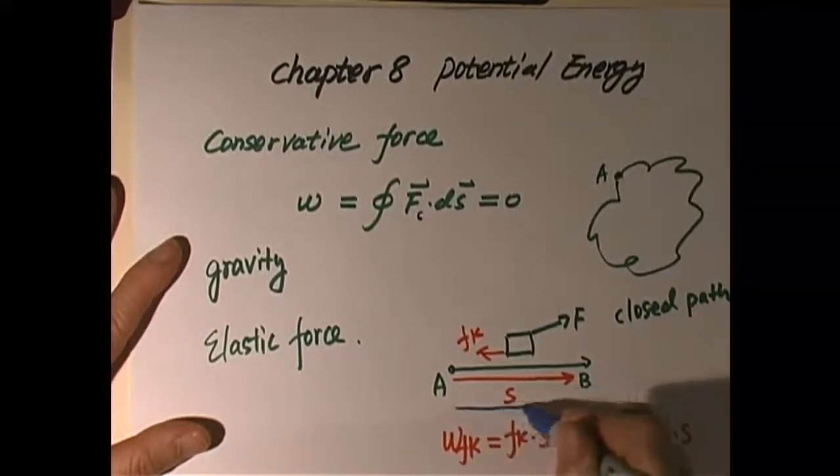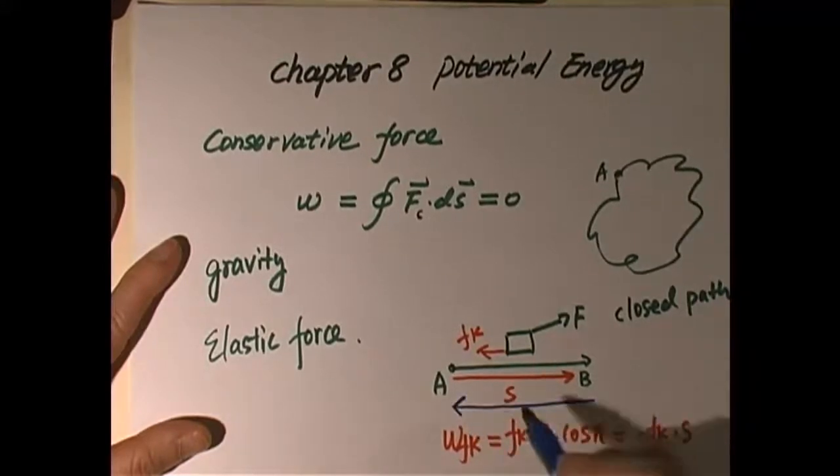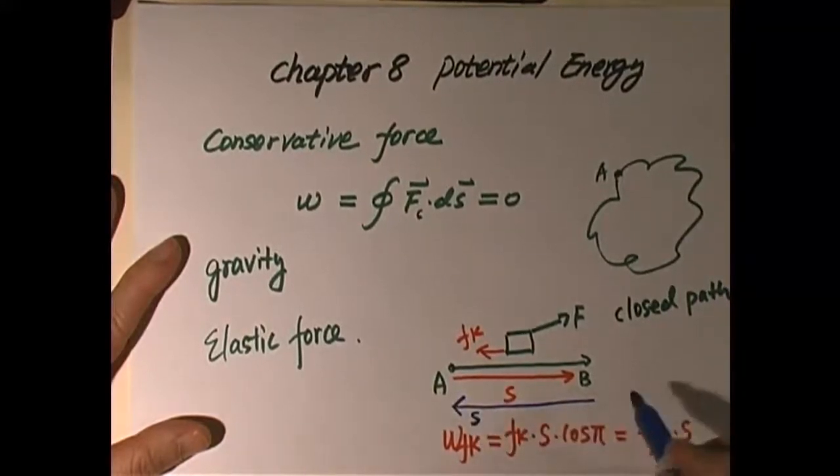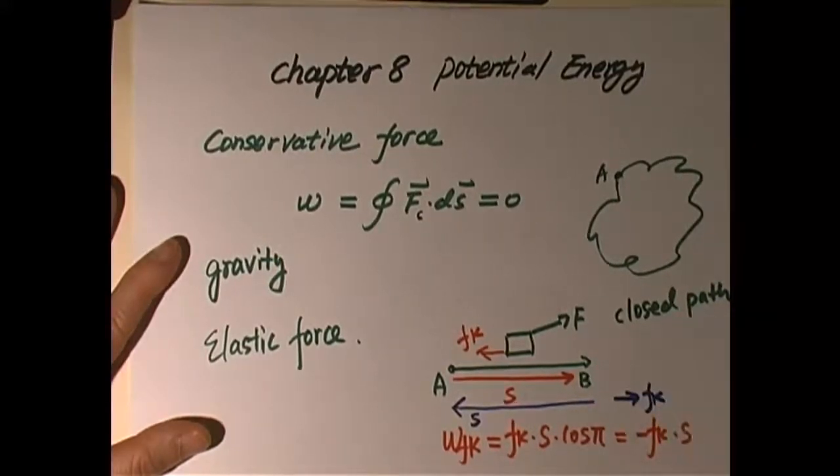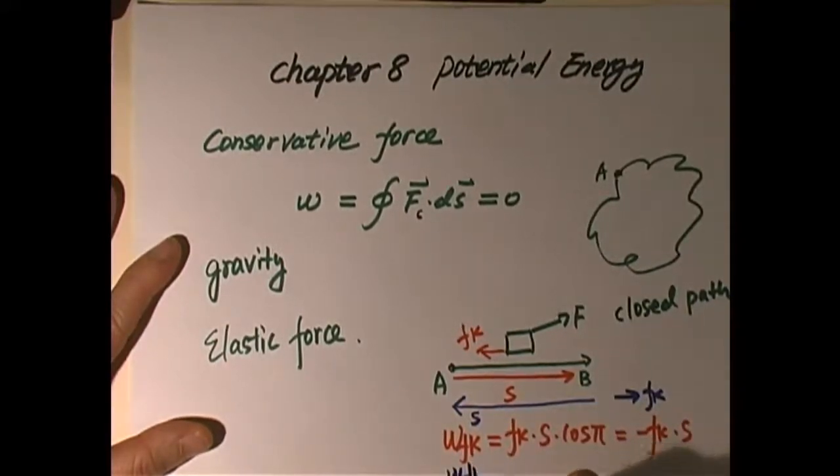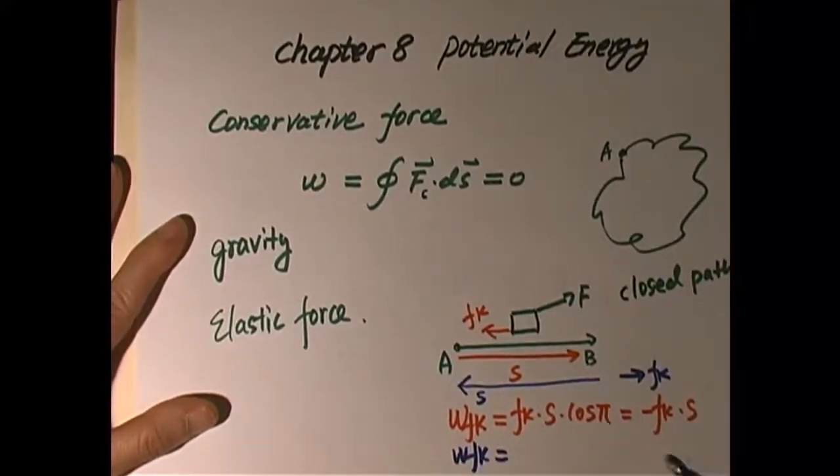Can you imagine that later this object starts from B and goes back to A? Then the displacement is to the left. When that happens, F_k will be to the right, because kinetic friction is always in the opposite direction of the motion. If motion is to the left, the kinetic friction will be to the right. So for the second part, B to A, the work done by kinetic friction again will be negative F_k times s.